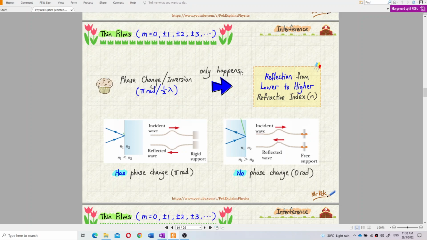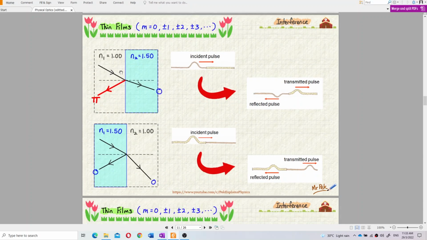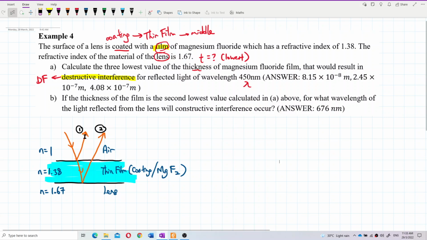Phase change only happens when reflection is from lower to higher refractive index, that means when the ray goes from lower refractive index to higher refractive index, it gets a phase change of pi radian. The first ray is reflected from lower to higher refractive index, so it gets a phase change of pi radian. So ray 1 got pi radian phase change.